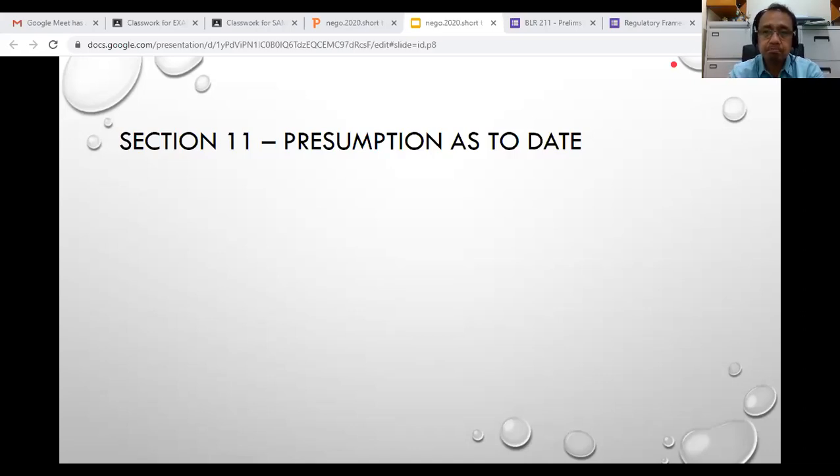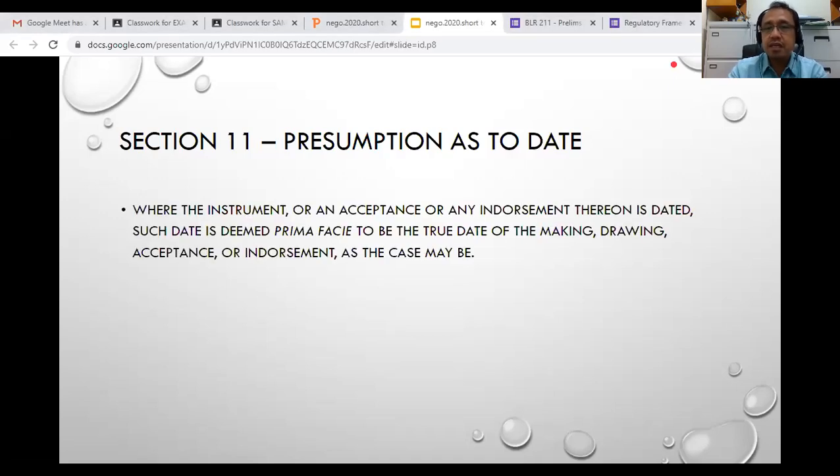Take note, I constantly made mention of the word presume. Why is that? Because the dates of the making, drawing, acceptance, or endorsement, as the case may be, are only presumed prima facie. It's not conclusive. It's only disputable. It's rebuttable. Prima facie means it is evidence sufficient to support a conclusion in the meantime unless proven otherwise.